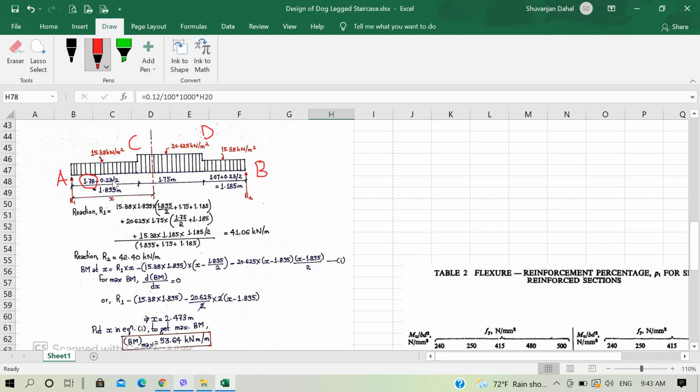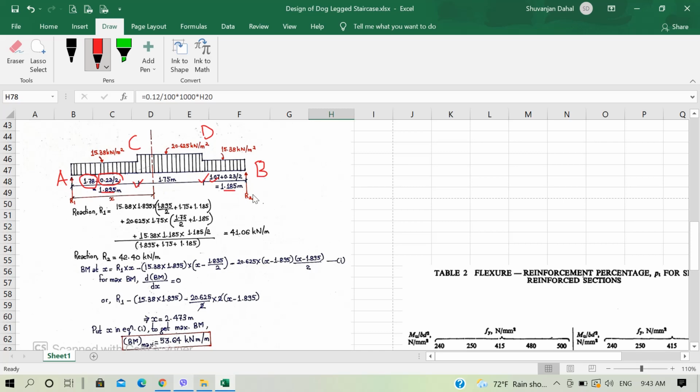So 1.78 plus 0.23 by 2, which comes out to be 1.895 meter. This second portion CD represents the projected plan area of our staircase slab, which is 1.75 meter, and this third portion DB represents the mid landing slab, our second slab, whose clear width is 1.07 meter plus half the width of beam. The total length comes out to be 1.185 meter.